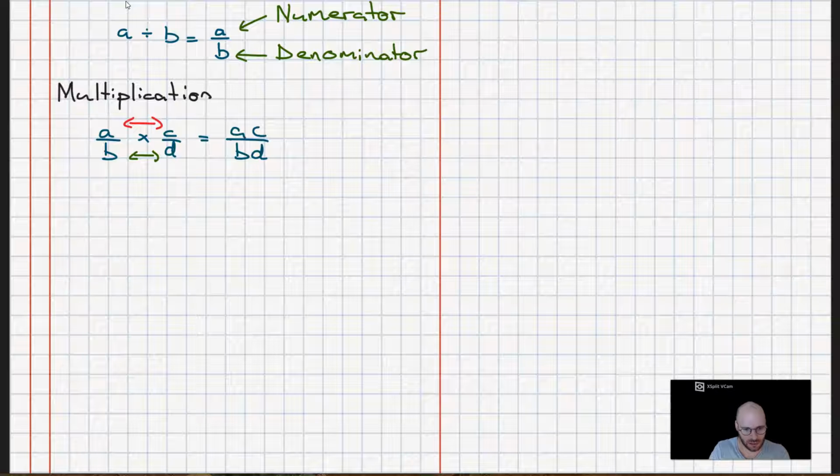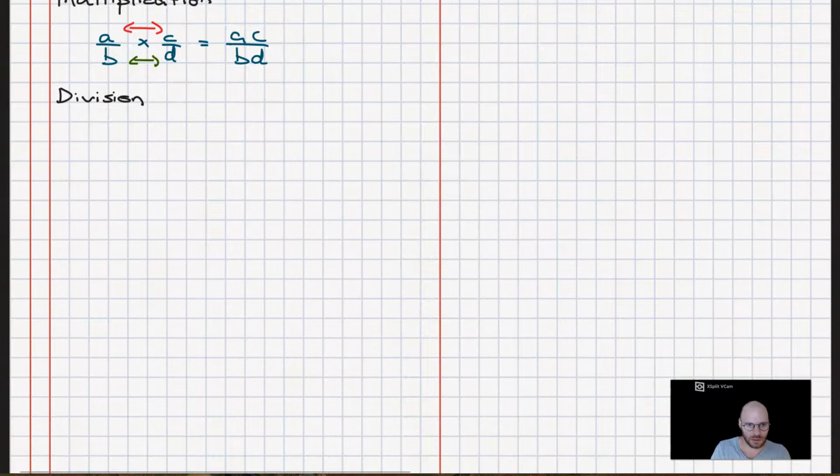Next one is we look at division. Consider we have the exact same fractions as before. We'll go A over B divided by C over D. Alright. Now, if we want to multiply these together, there's one more step involved. Before we do anything together with the two fractions, we're going to work on this second fraction here.